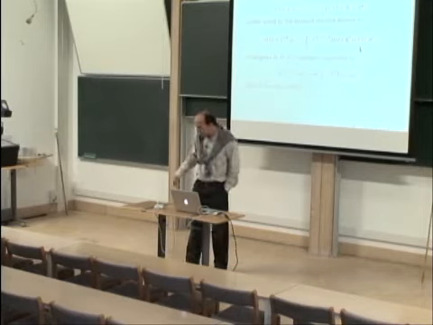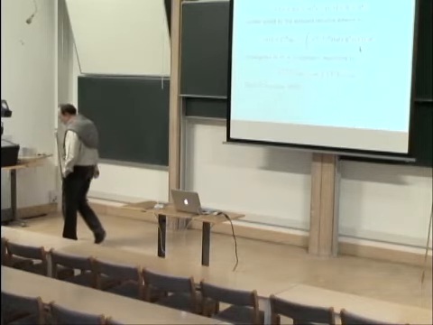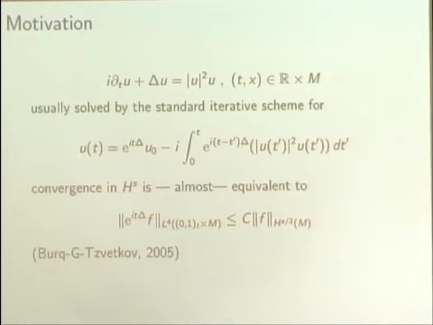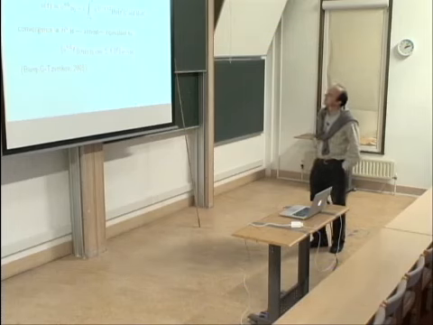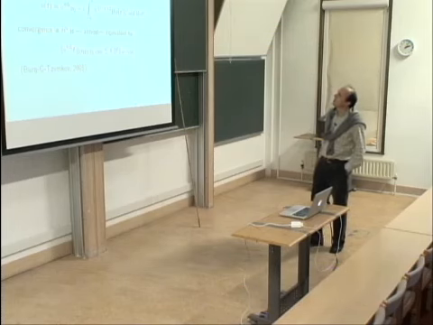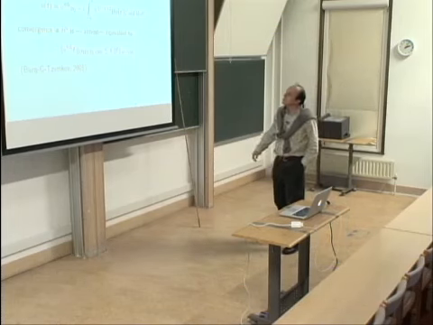My starting point is the standard cubic nonlinear Schrodinger equation in any dimension or even any kind of geometry. So M denotes some manifold, or Riemannian manifold, for instance. For solving the Cauchy problem for such an equation, usually you appeal to the standard iterative scheme, Picard scheme, for the Duhamel equation, which is written here.